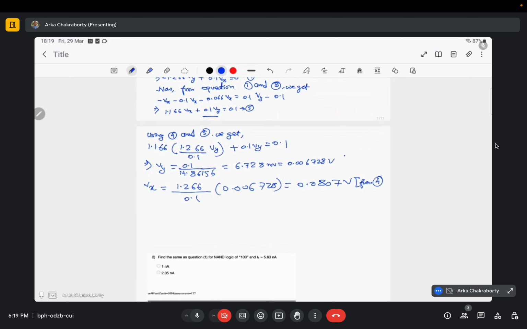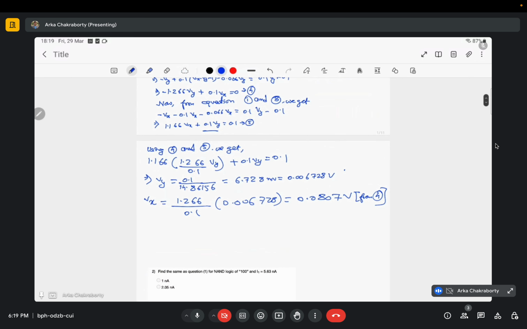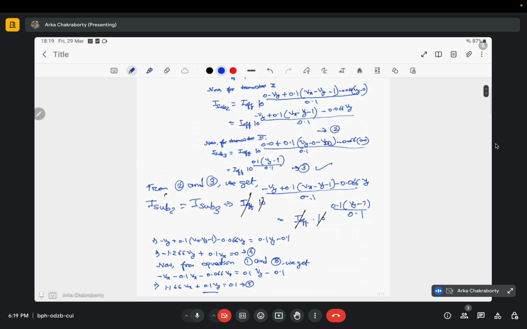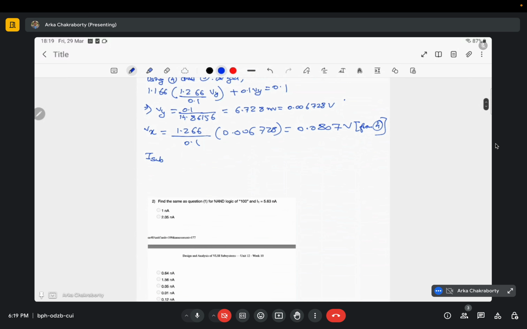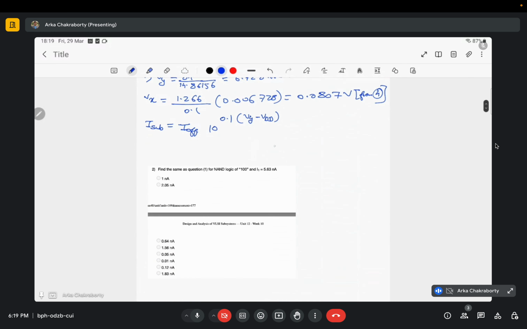Okay, so now using one of the above equations, I can use any one. Third one is the simplest one. So I subthreshold will be equal to I0 into 10 to the power 0.1 Vy minus VDD by S. So I0 into 10 to the power 0.1 by 0.1.